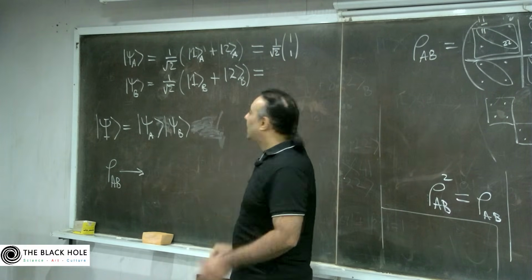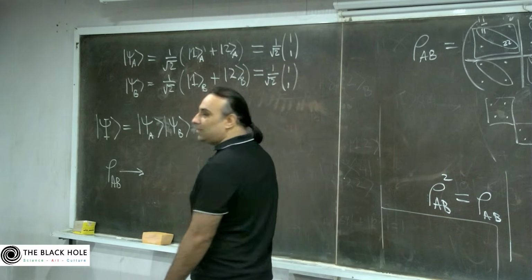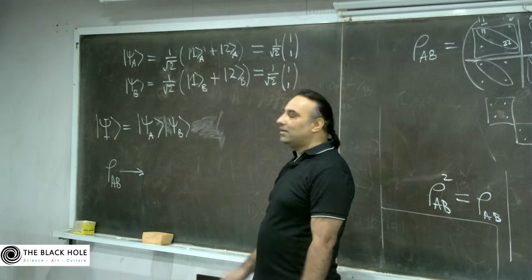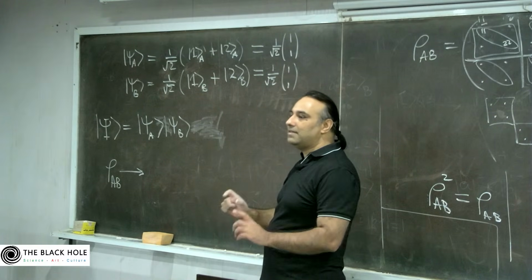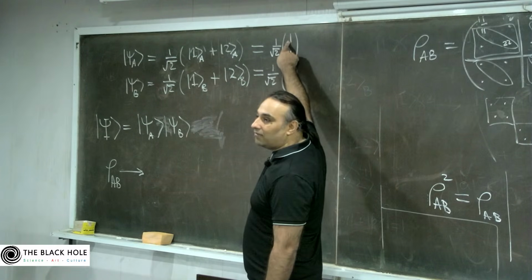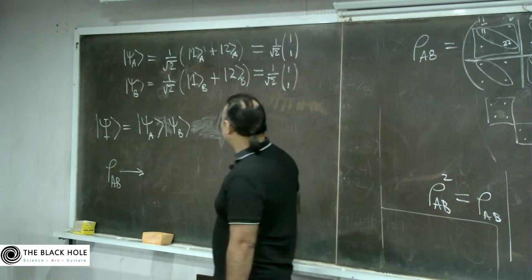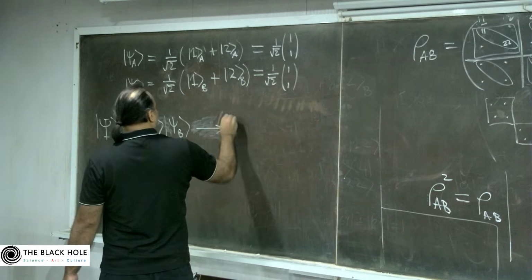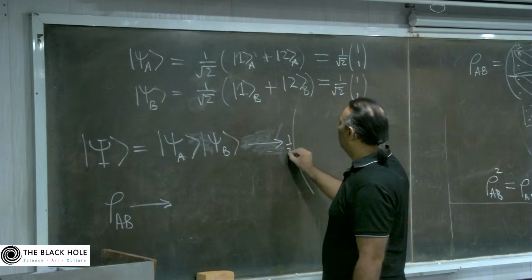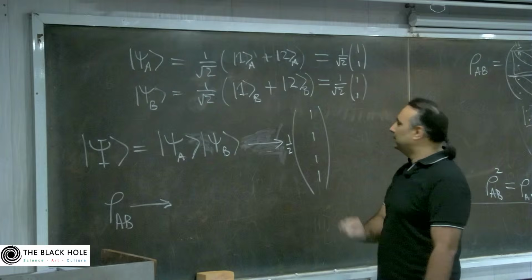It will be a column vector in that space, and similarly a column vector in this space, and then that product is what we call the tensor product. So you multiply each element of your first vector with the full vector. The tensor product will be like 1 by 2, these numbers, and then 1 1 1 1.